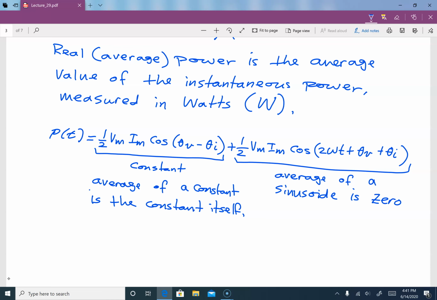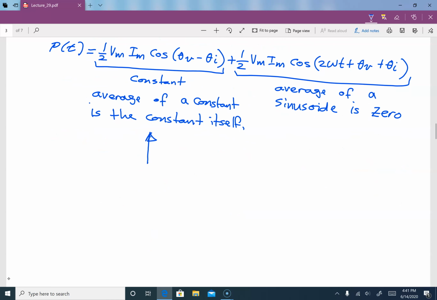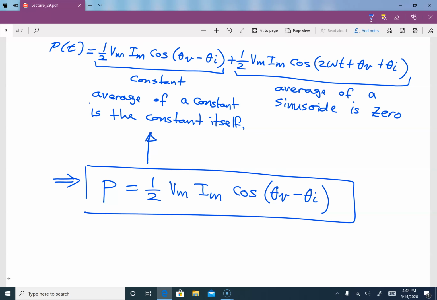And from the definition, since real power is the average value of the instantaneous power, that means this is our average value over here. So that will give us P is equal to 1/2 Vm Im cosine of theta V minus theta I. And this is the average power.